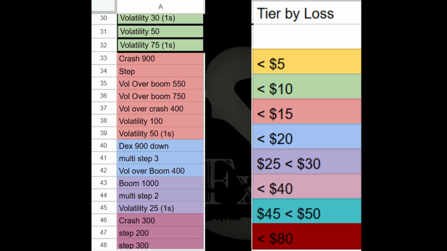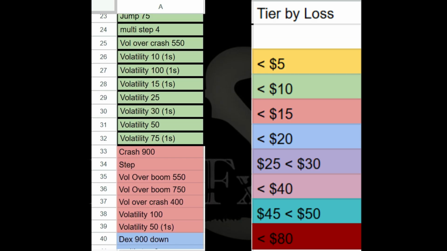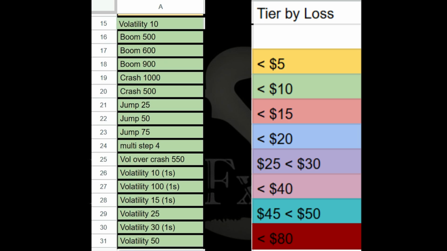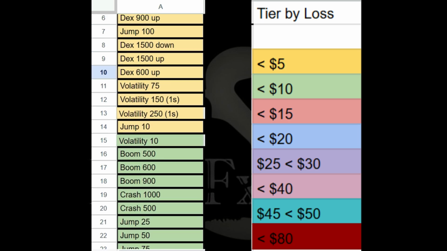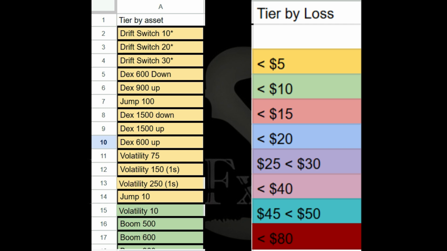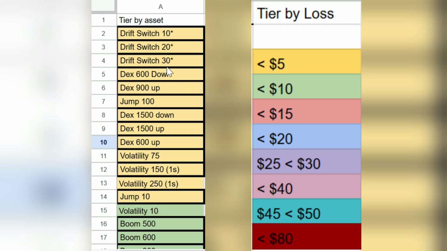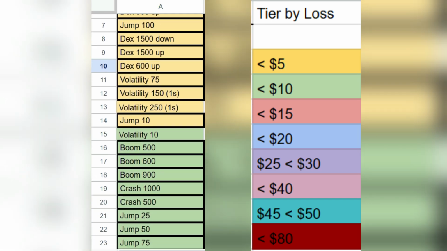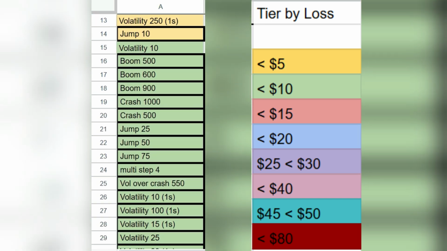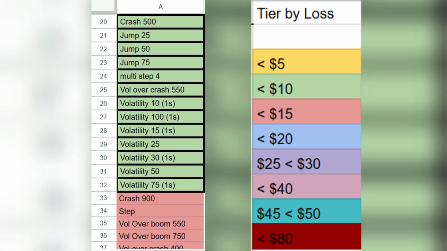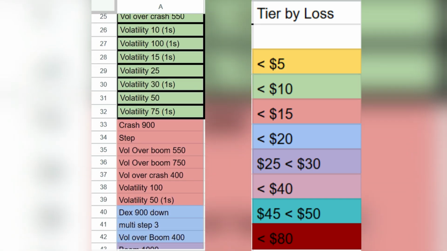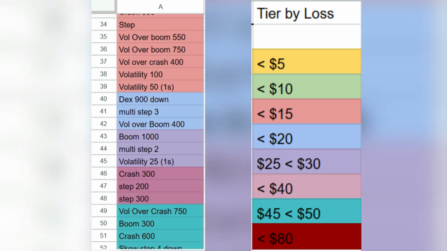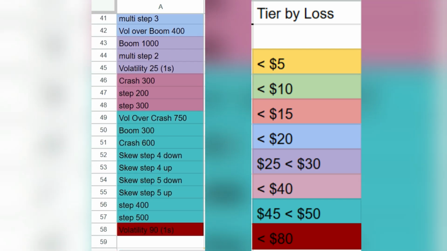Yes, you heard right, $80, using the smallest lot size. And the rest of those 59 assets fall anywhere between the 25 assets that have a stop loss dollar amount of $10 and $50. So the rest falls in between those two categories.